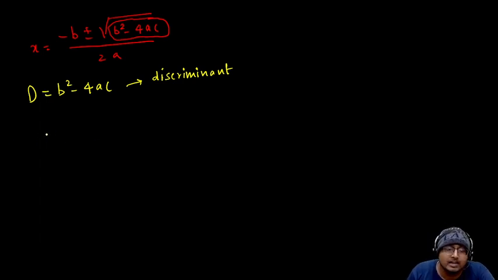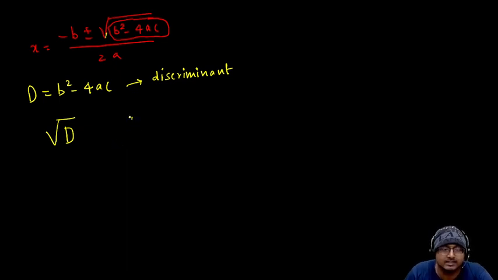This is under the root, so we call it root D, because D is under the root. What are the special features if the value of D is negative, 0 and positive?